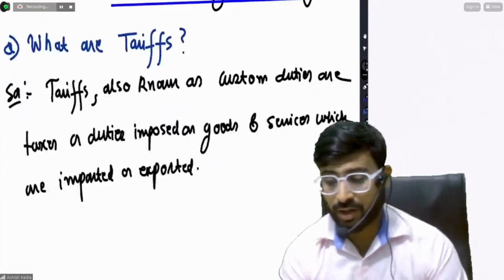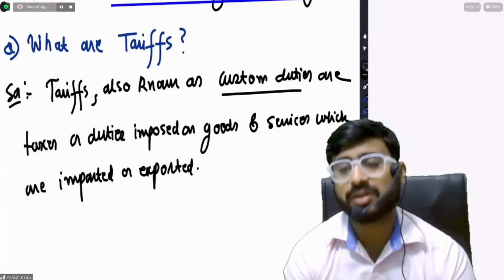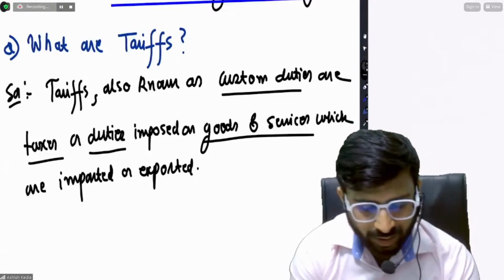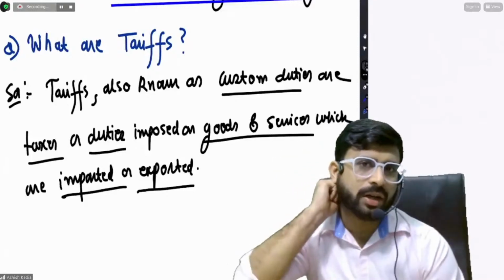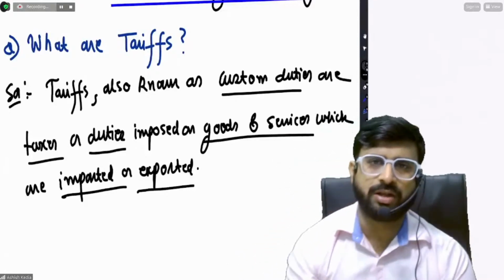See, friends, tariffs, also known as custom duties, are taxes or duties imposed on goods and services which are either imported or exported. Basically, it pertains to international trade. Hopefully, it's crystal clear, everyone.